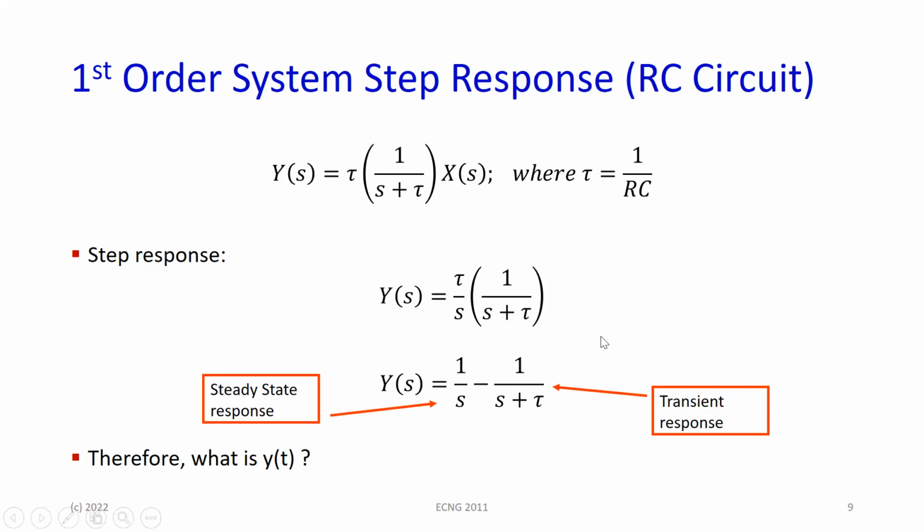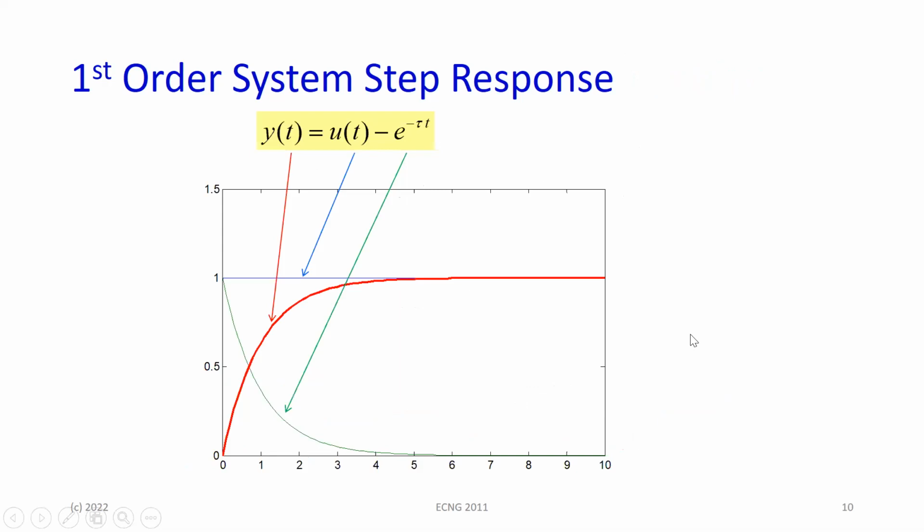If you take the inverse transform, this is of course u(t), and this is going to give you an e to the minus tau t. And therefore this is how the response would look.